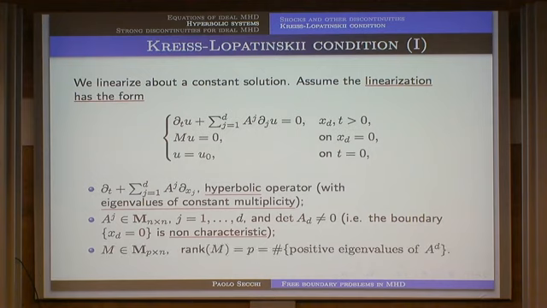We also assume that the rank of M, the matrix which describes the boundary conditions, is P. This matrix is P by N, and P is precisely the rank of this matrix, and it is equal to the number of the positive eigenvalues of Ad, which is a necessary condition for well-posedness of the problem.